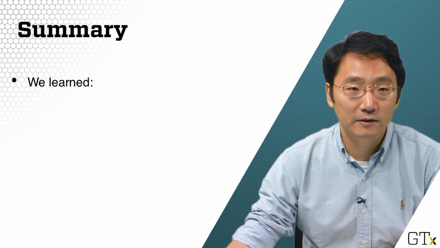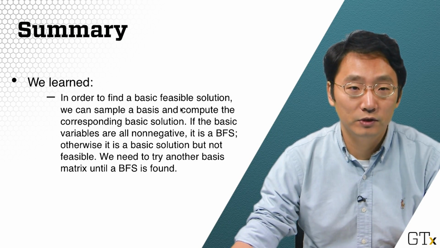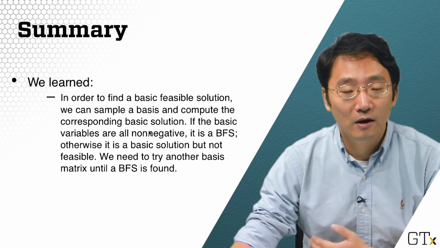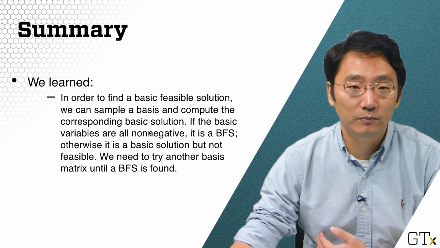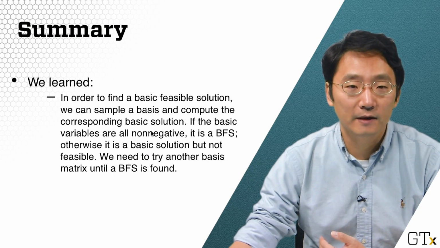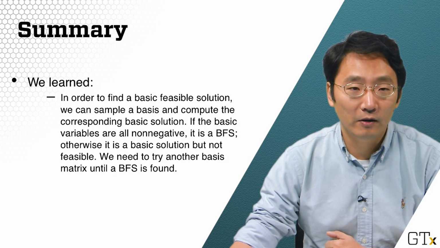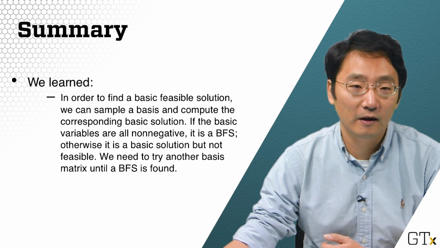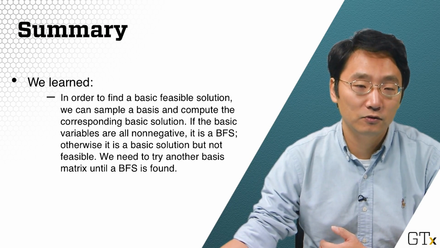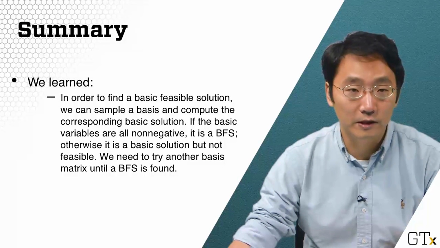Okay, let's quickly summarize. We just learned this procedure to find a basic solution. We pick bases, meaning m linearly independent columns, compute the corresponding basic solution, and test non-negativity. If you're unlucky and start with a basic solution that is not feasible, you just need to try another one, and eventually you will find a basic feasible solution.